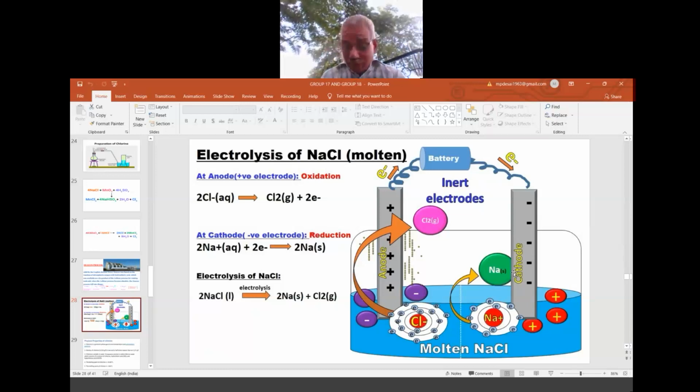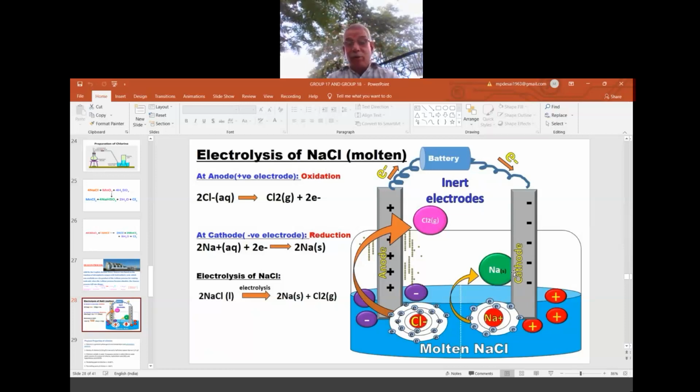The simple and best example of a redox reaction is the formation or decomposition of sodium chloride: somewhere loss, somewhere gain. Chlorine gas is formed and collected at the anode, and sodium is collected at the cathode, and this sodium further reacts with the water.